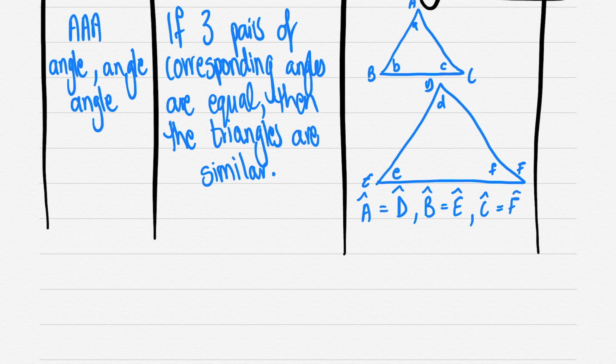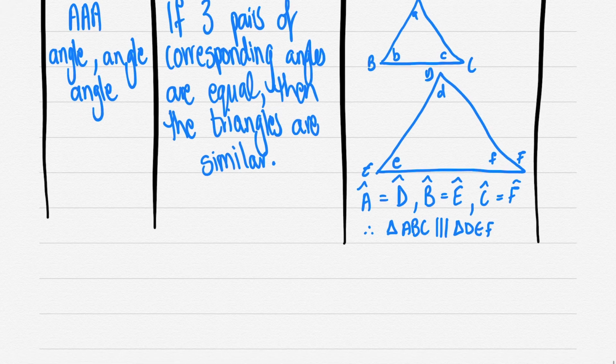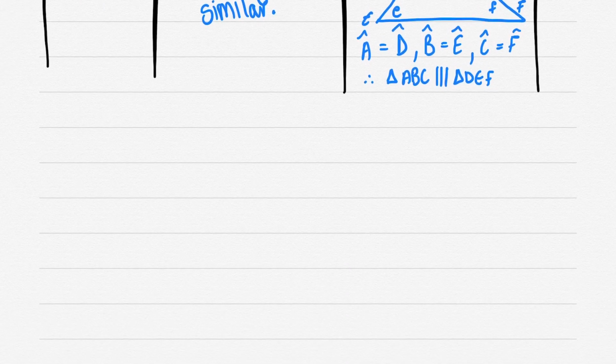It doesn't really make a big difference, but when you're in a test, it's kind of important to focus on the fact that the angles are labeled differently to the points. So let's just move forward. We've got the angle A equal to angle D, B and E, C and F, and we say that therefore the triangle ABC, with the Wolverine claw for similarity, is similar to the triangle DEF.